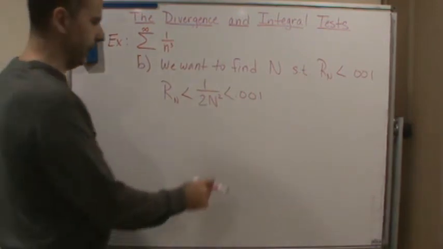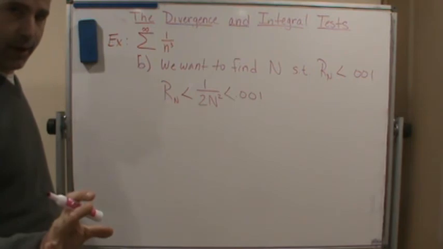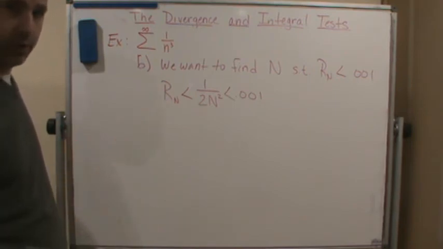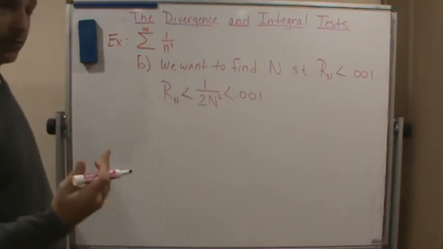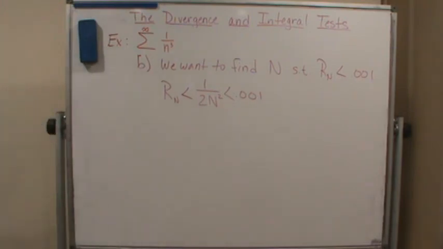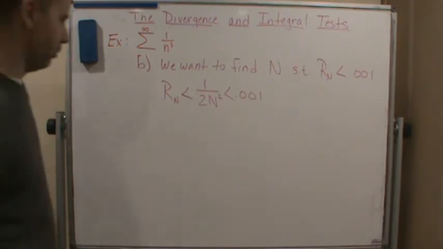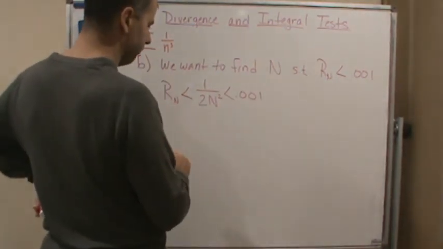We could solve for equal to, and that would be fine too, and realize that we would have to round up anyway, but let's find out what this turns out to be. Okay, 0.001. So now let's solve this inequality.